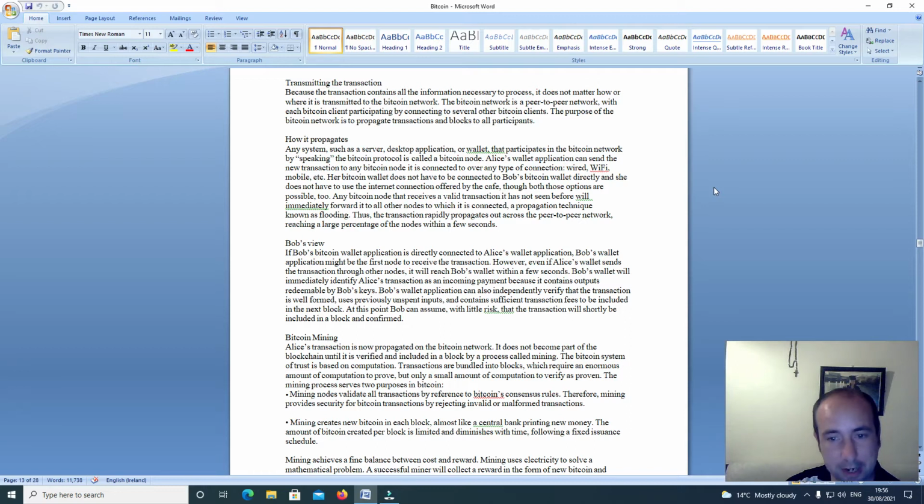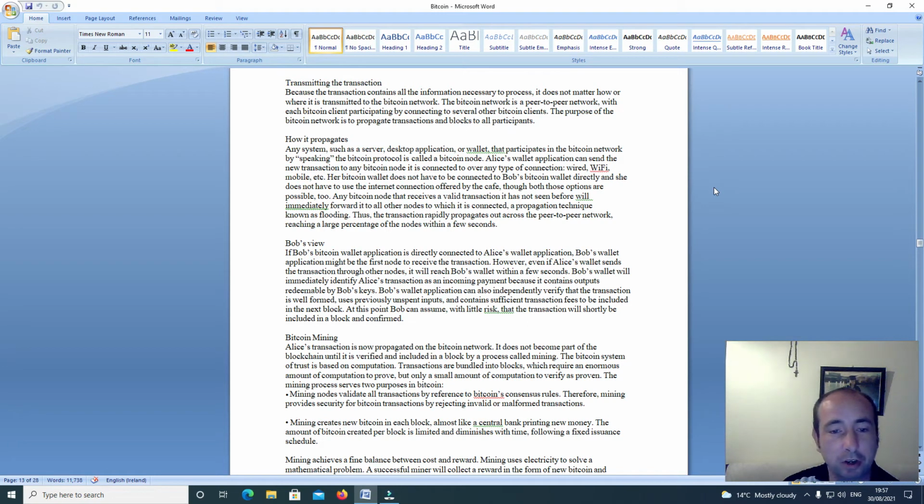Alice's wallet application can send the new transaction to any Bitcoin node it is connected to, over any type of connection: wired, Wi-Fi, mobile, etc. Her Bitcoin wallet does not have to be connected to Bob's Bitcoin wallet directly, and she does not have to use the internet connection offered by the cafe, though both of these options are possible.